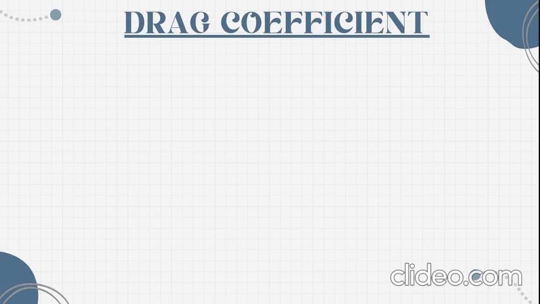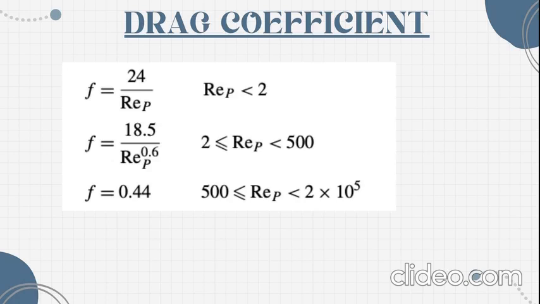So when the Reynolds number is very much less than 2, then the friction factor will be equal to 24 divided by the Reynolds number. If the Reynolds number is in the range of 2 to 500, then the friction factor will be equal to 18.5 divided by Reynolds number, the whole raised to 0.6.